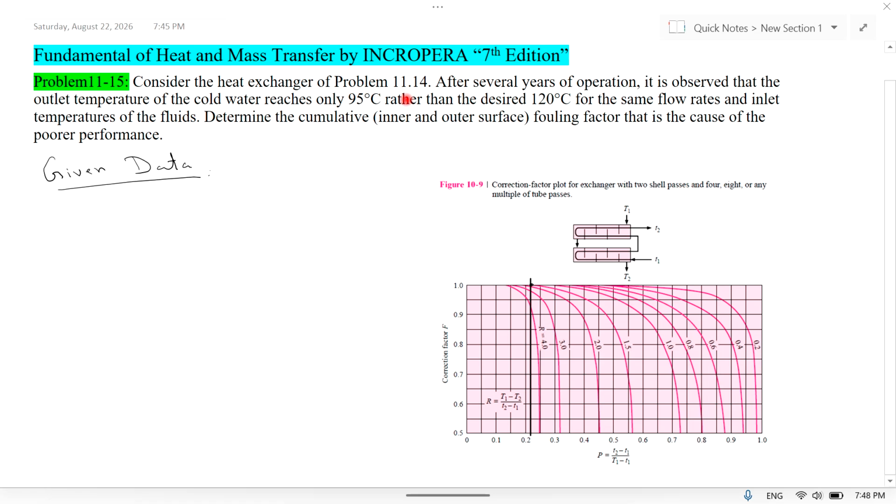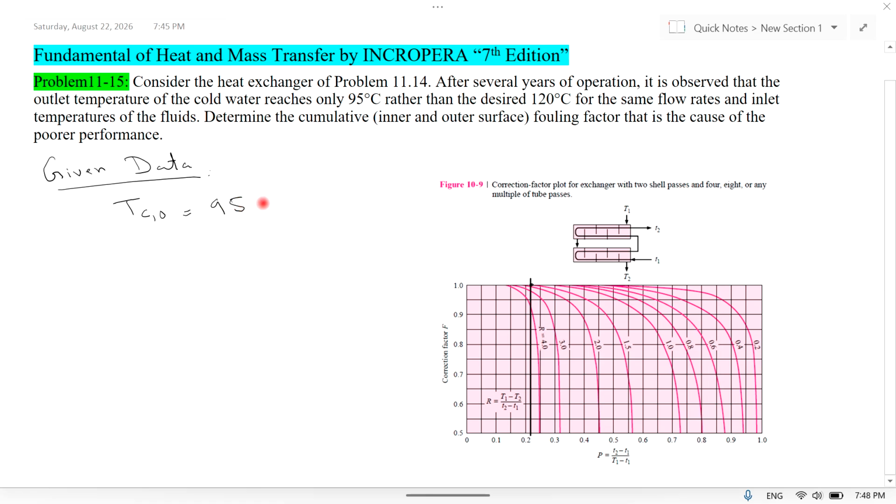It means that, due to many years of operation of the heat exchanger, due to different factors such as scaling and fouling, the outlet temperature of the cold water has decreased from 120 degrees centigrade to 95. It means that the temperature of the cold water outlet is now 95 degrees centigrade.